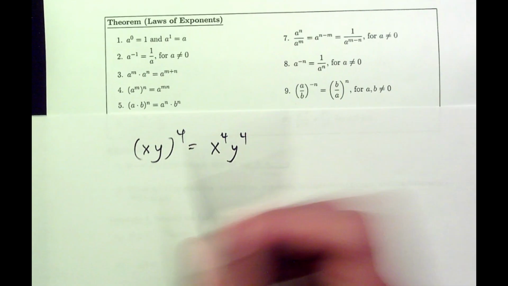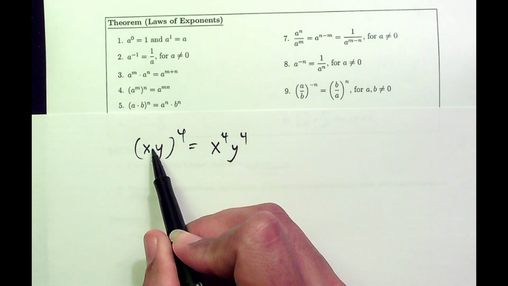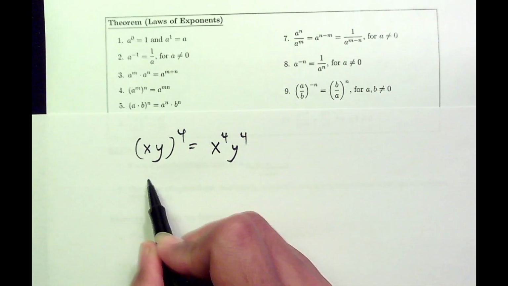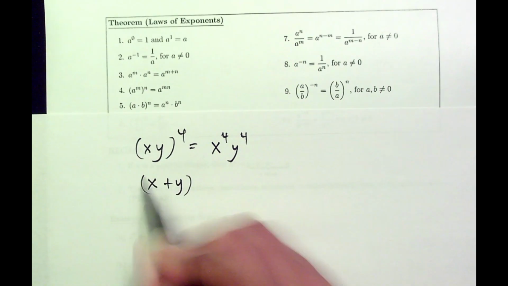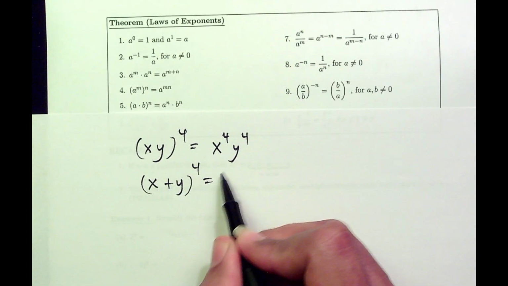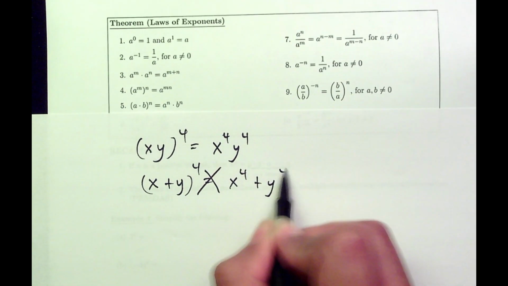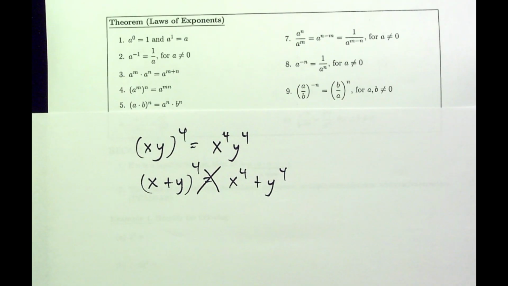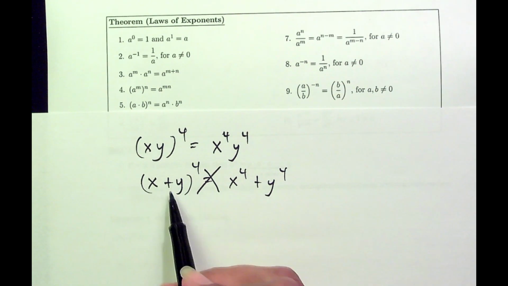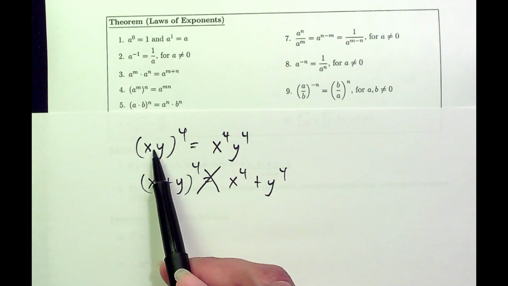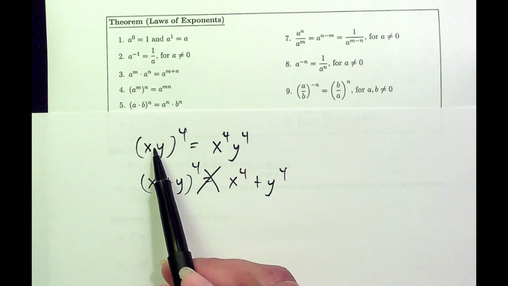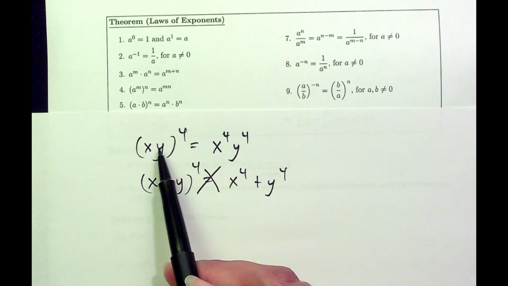And that's only when you're multiplying things. If that was a sum, you cannot do this. This is absolutely not the same thing as x to the 4 plus y to the 4. You cannot distribute the exponent when this is a sum or a minus. You can only do that when everything is being multiplied, or if it's a division.